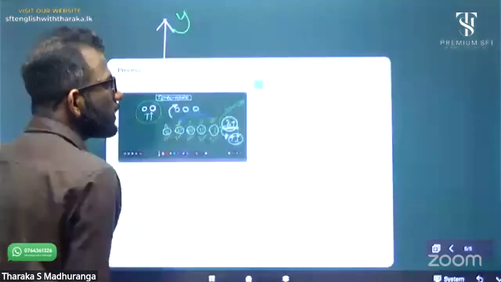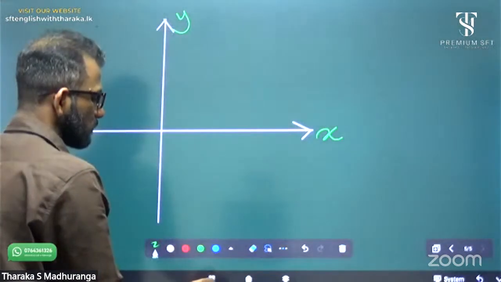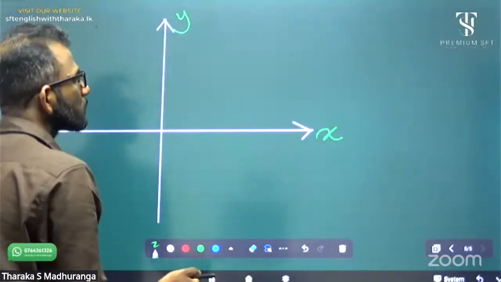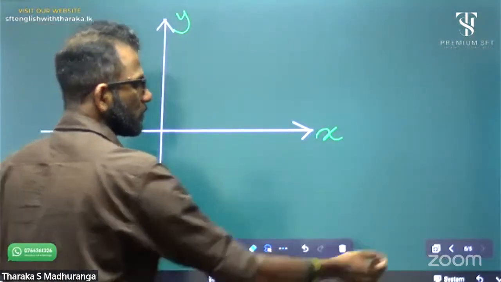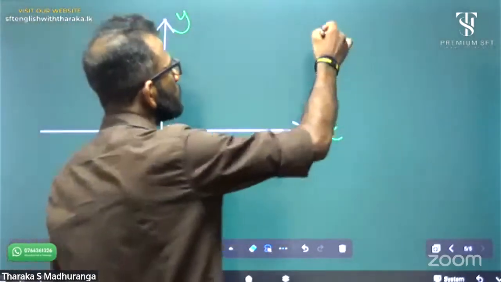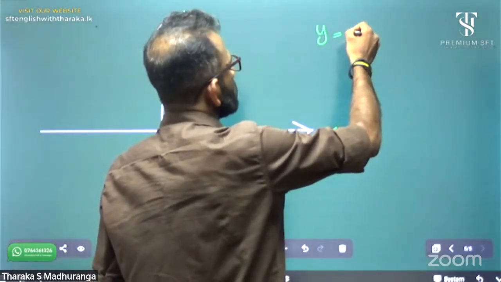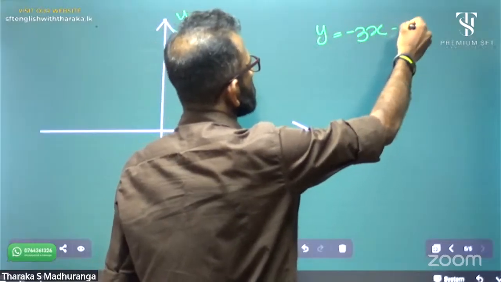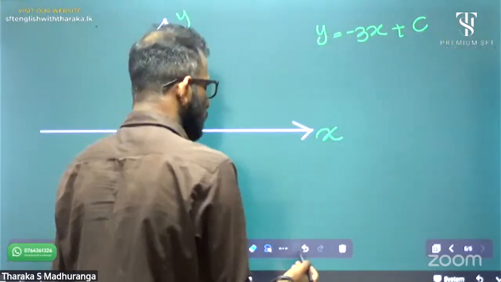What is the gradient of this straight line? What is the equation? y equals minus 3x plus 3 is the equation.